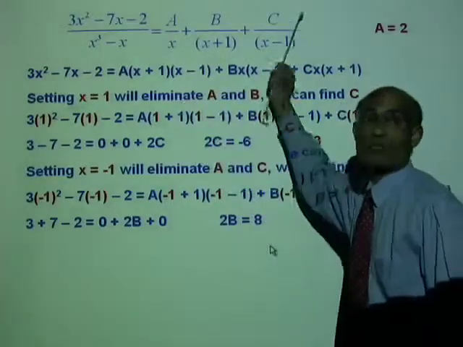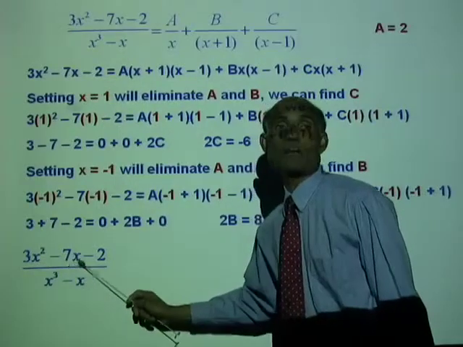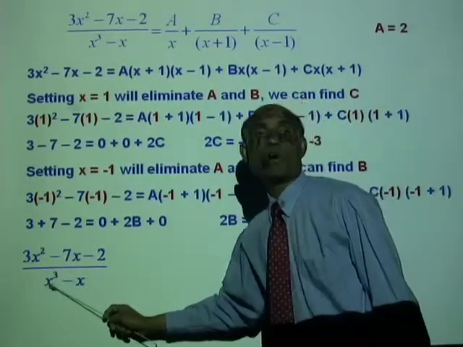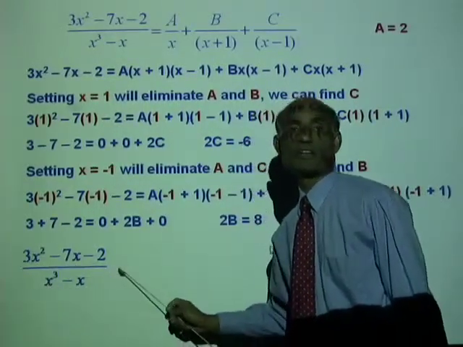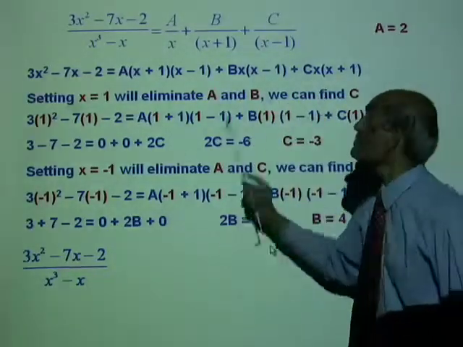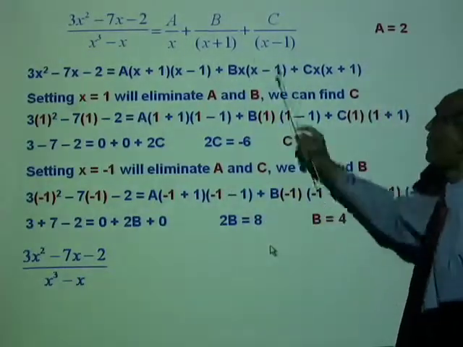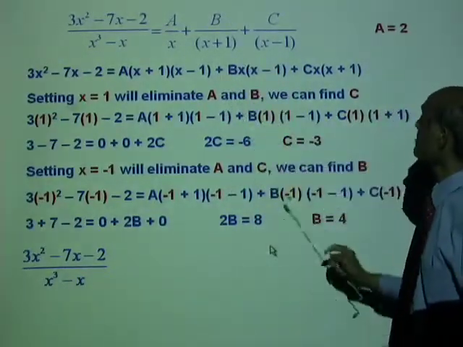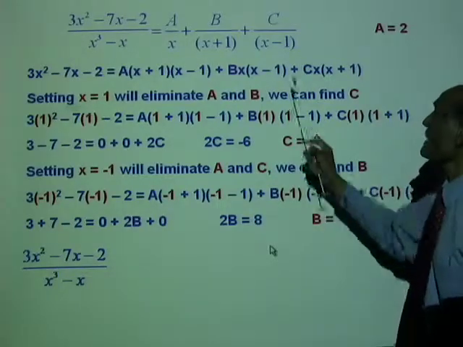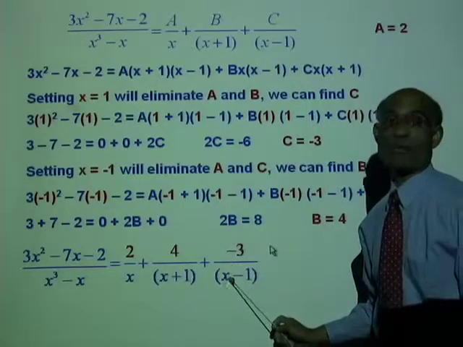Therefore, let's write down what this expression is. So we have 3x squared minus 7x minus 2 all over x cubed minus x now becomes a over x, which is 2 over x plus b is 4 over x plus 1, and c is negative 3, will be minus 3 over x minus 1.